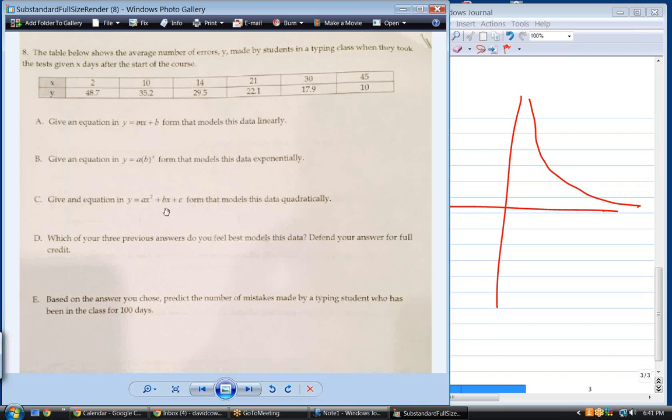Is the R positive or negative on C? On the quadratic? R squared is positive. Well, R squared is always going to be positive. That's why there's an R squared, so that it's always positive, because your R can be negative. On B, your R was negative. Your R squared wasn't negative, was it?